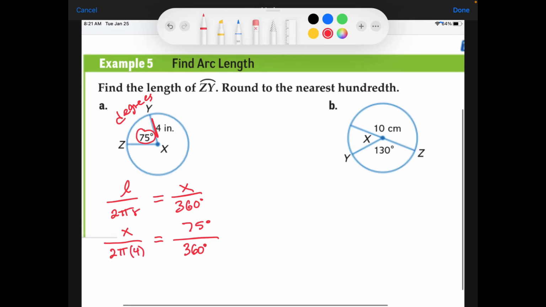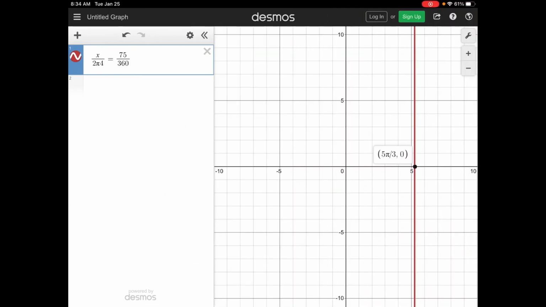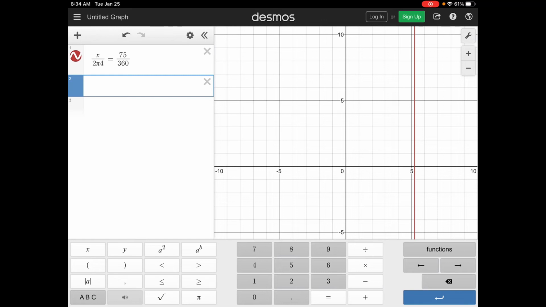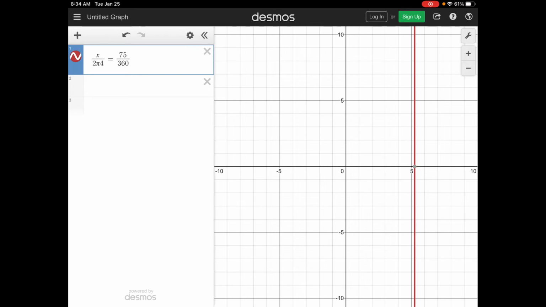They gave you the radius, which is 4. At this time, we can do cross multiplication. If you want to solve this by hand, you can do the butterfly method. We could also plug this into Desmos. I can click on the line and it says the answer is 5 pi over 3. If they want your answer to the nearest hundredth, we have to get it in decimal format.